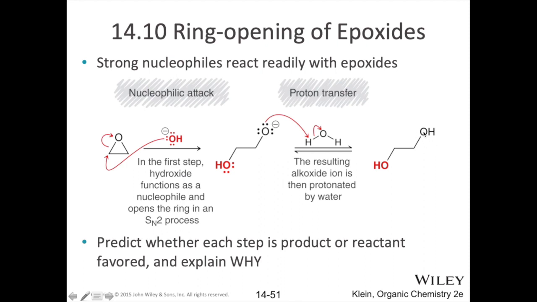This is what happens when we did our anti-dihydroxylation with our alkenes. We already saw this in another chapter. But again, that's one. Depending on the type of nucleophile you use, you can get different types of products.